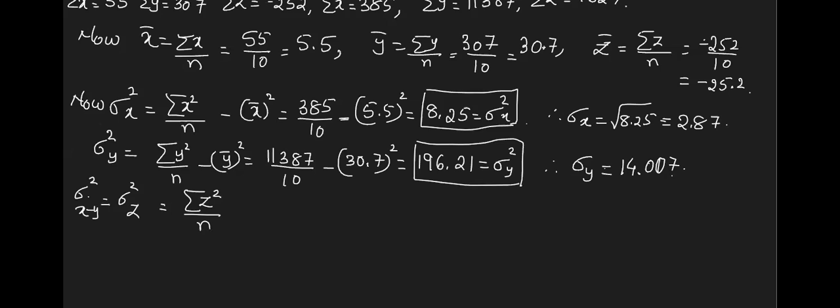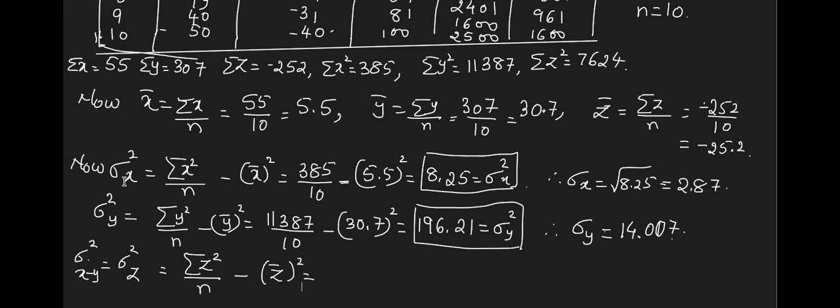Summation z square by n minus z bar square. Summation z square is 7624 divided by 10 minus z bar, which is minus 25.2, the whole square. Answer?